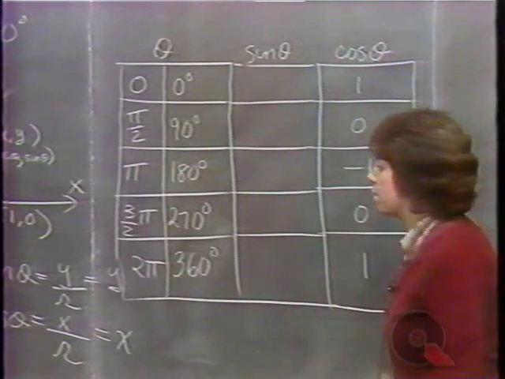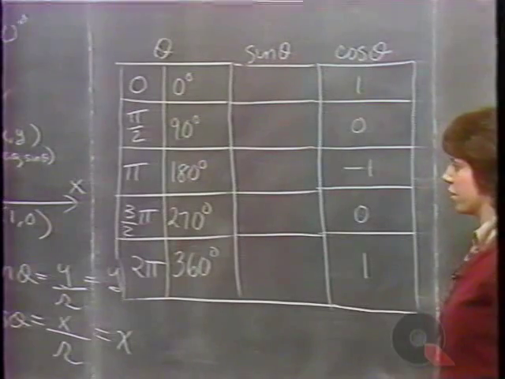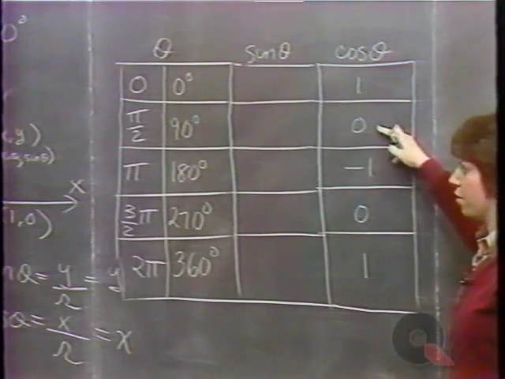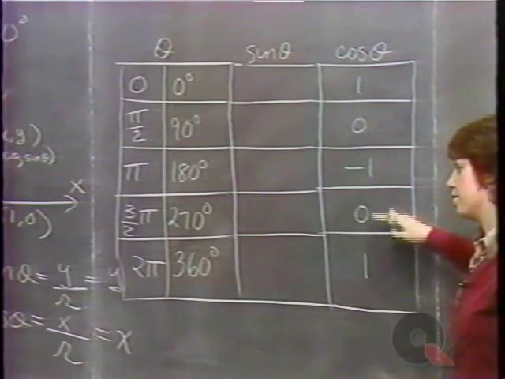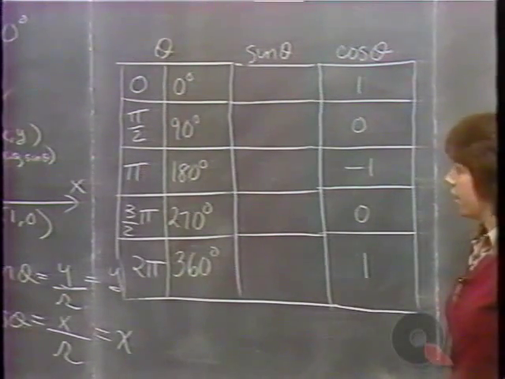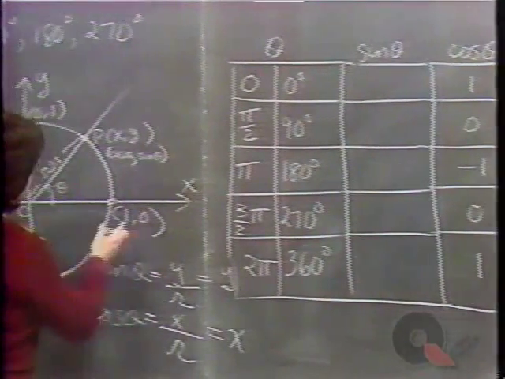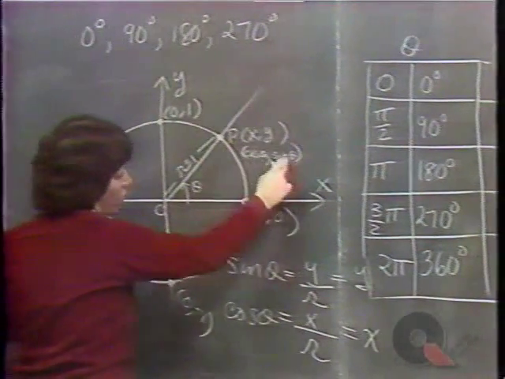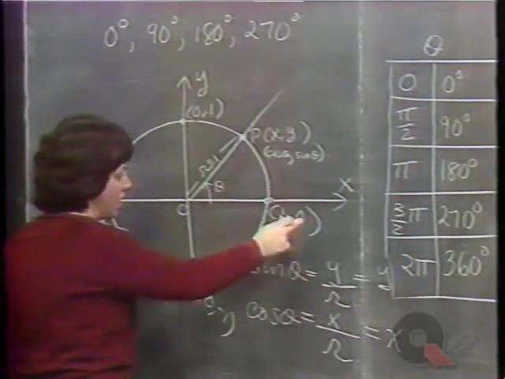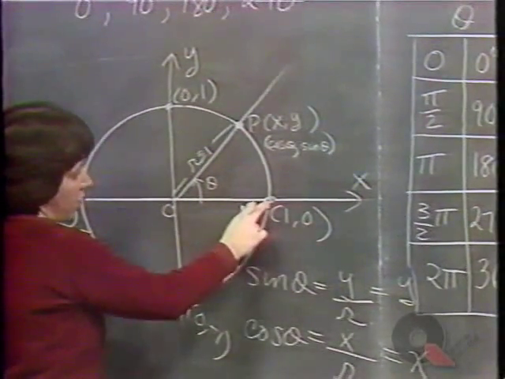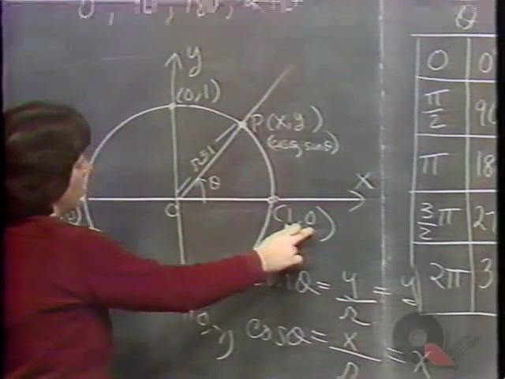We let P spin around the circle, and we took the x-coordinates of those points as the cosines. Similarly for the sines of these angles, as we spin around the circle, the y-coordinates of these points represent the sines of the angle theta. At 0 degrees, the sine is 0.